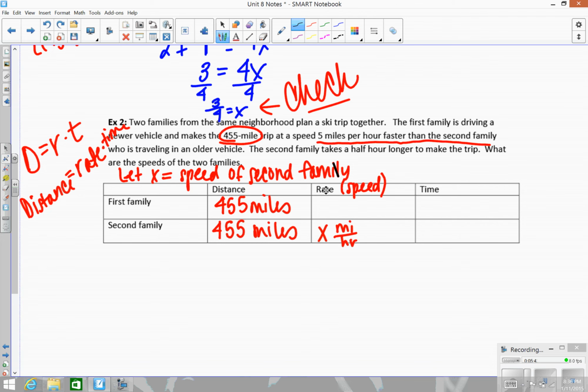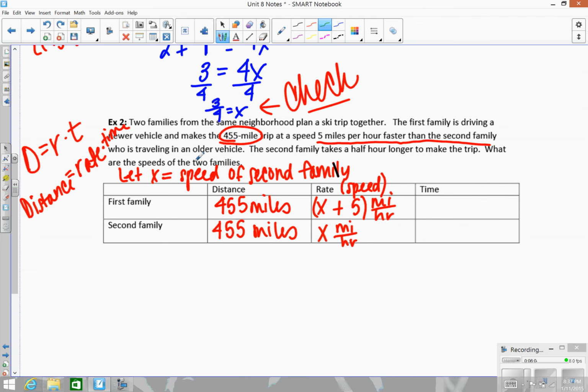And the first family is going 5 miles per hour faster, so x plus 5 miles per hour would represent the speed of the first family. And then the next thing here is the time.